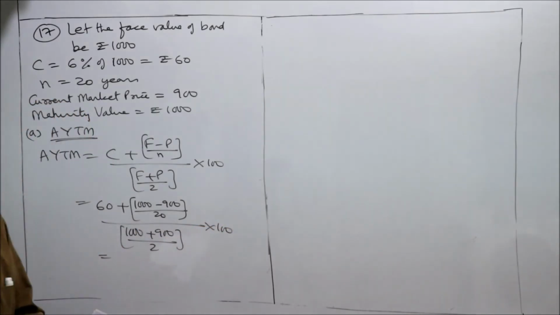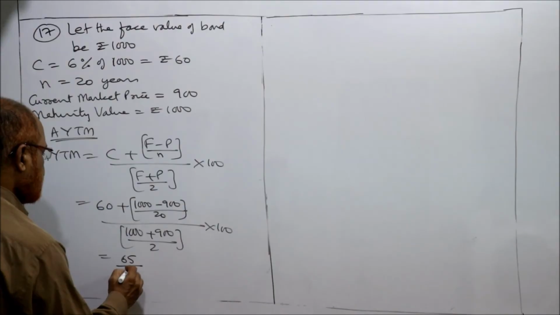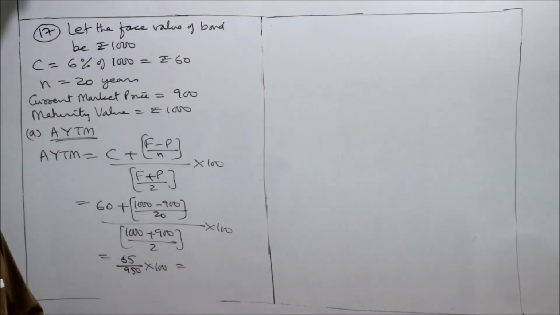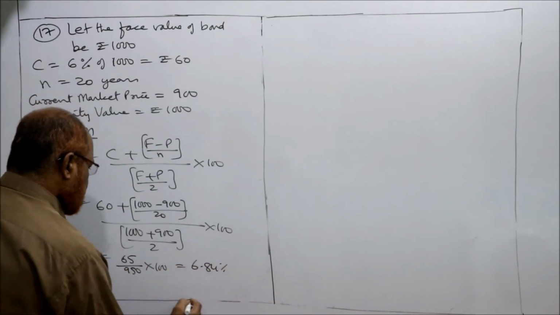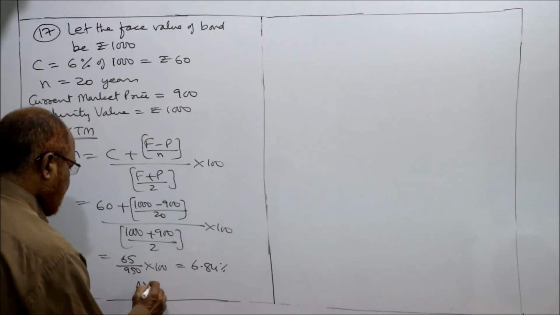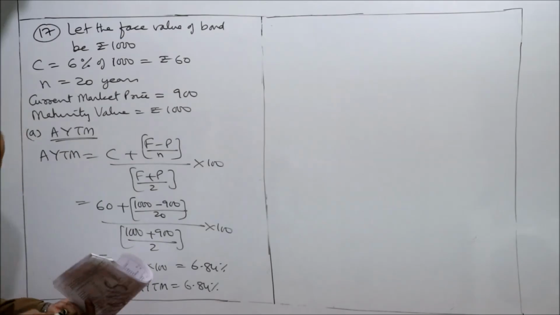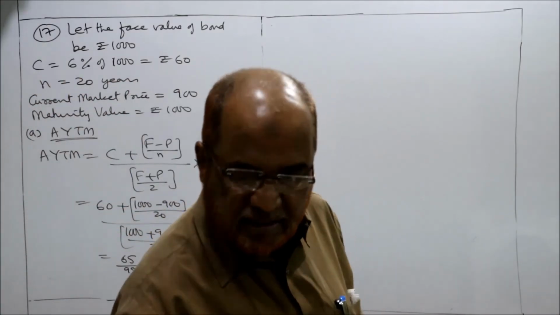That is equal to 65 by 950. 65 by 950 into 100 is 6.84%. So we got AYTM is equal to 6.84%. So one answer we have completed, we have calculated the AYTM.